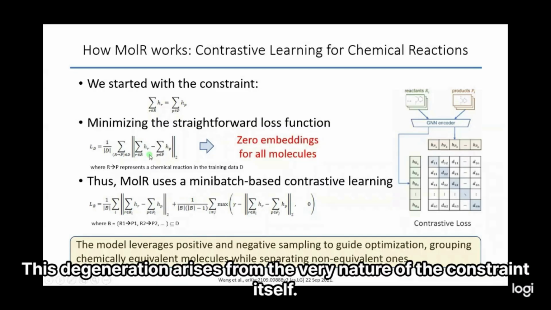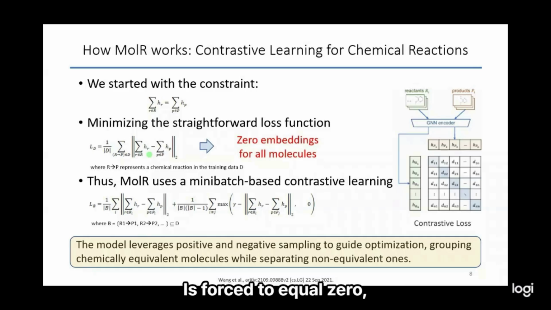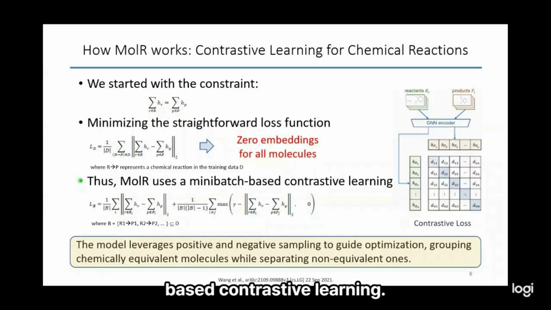This degeneration arises from the very nature of the constraint itself. The sum of reactant embeddings minus the sum of product embeddings is forced to equal 0 to establish the equivalence. Thus, MolR minimizes the loss function using mini-batch-based contrastive learning.